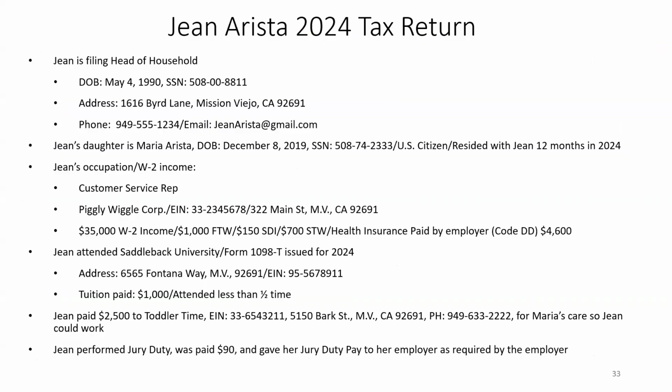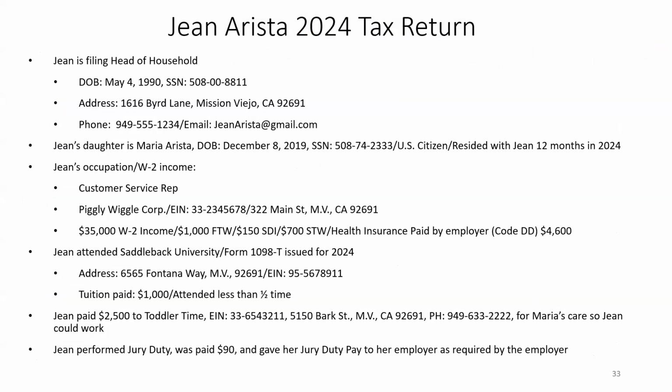She's got a W-2 job, and she clearly meets the income limitation, 35,000. And then some of these acronyms: FTW, federal tax withheld, you'll typically see that on the W-2. SDI is a state disability insurance program from California. SDI is a tax. STW is state tax withheld.